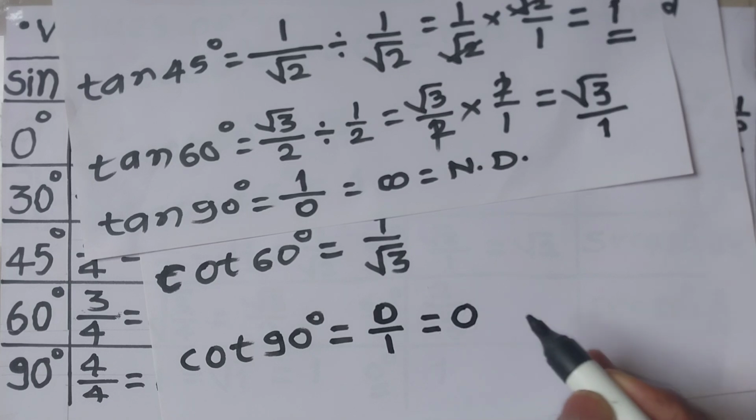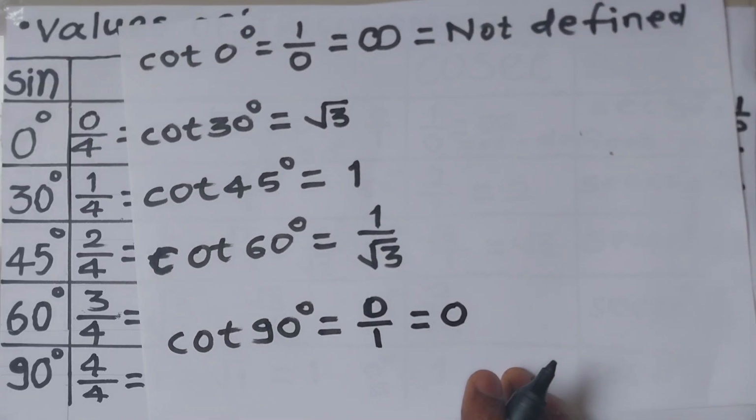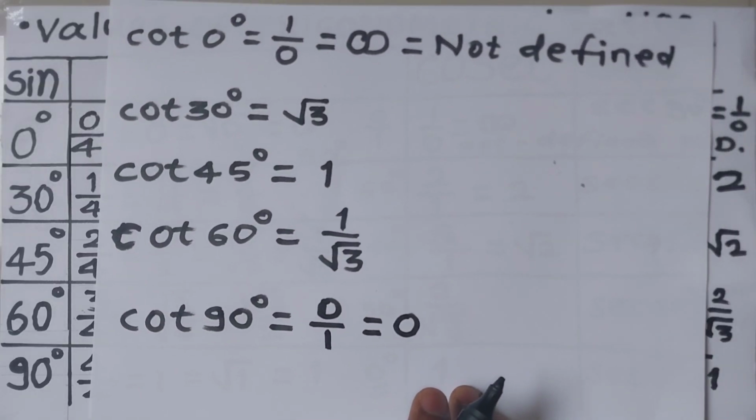So the cot 90 degree value is 0. This way we will find out the values of cot 0 to 90 degree by using the multiplicative inverse of tan 0 degree to 90 degree.